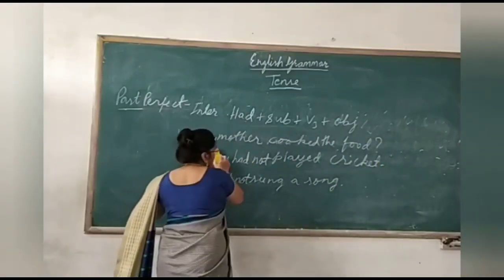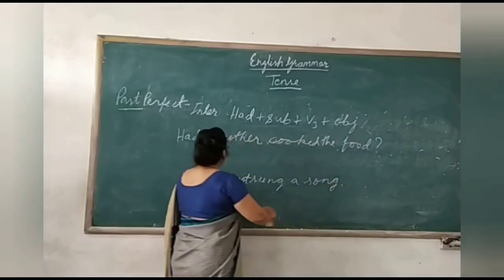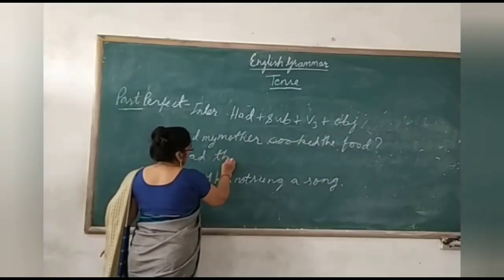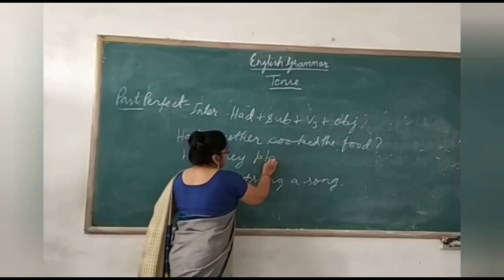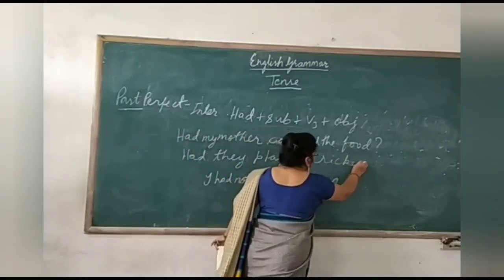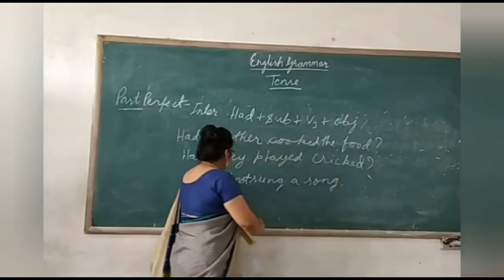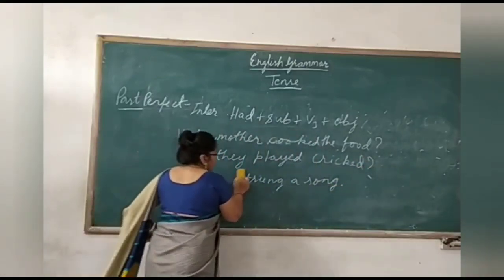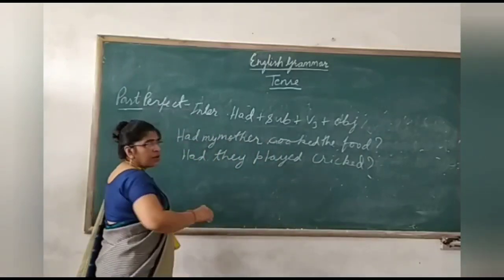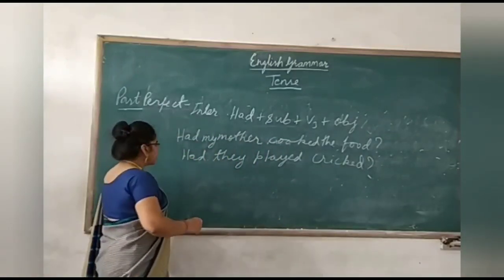Clear? Then here also, what will you do here? Had they played cricket? See here, it's easy because you are knowing the structure. That is why you are able to construct the sentence.